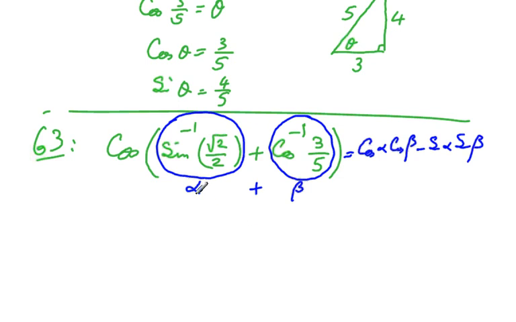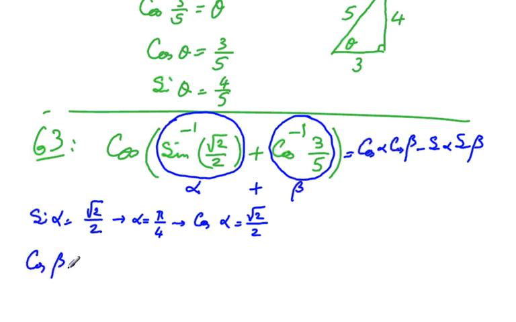Now, what do I know about alpha? I know sine of alpha is radical 2 over 2. Well, let's not waste too much time on it. What angle is this guy? Pi over 4, a famous angle. I'm being a little bit fast on it. So what is the cosine of alpha? Cosine of 45 degrees, same thing. How about the second angle?